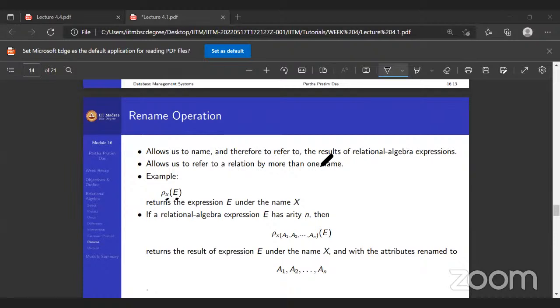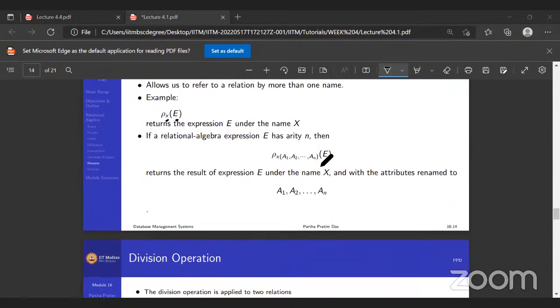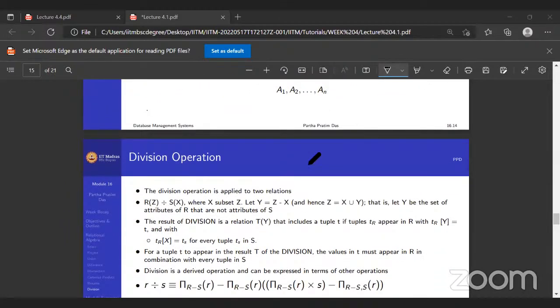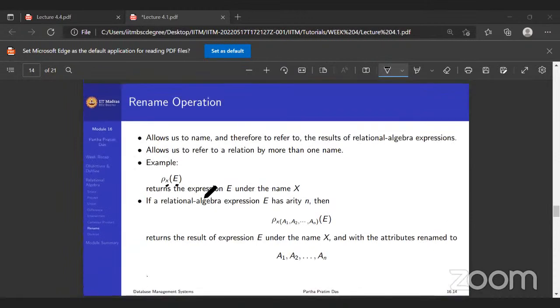So that resultant set, we want to give some name to refer to. The resultant set will always be a single table with some attributes. Okay, then it is possible. After this is the division operator. So the rename operation is clear to everyone, right?